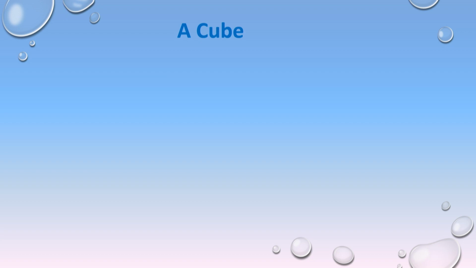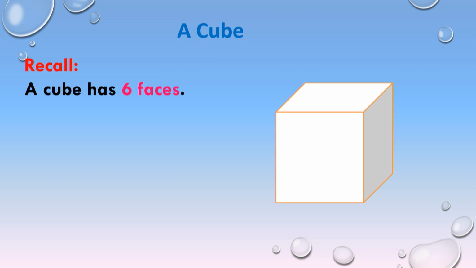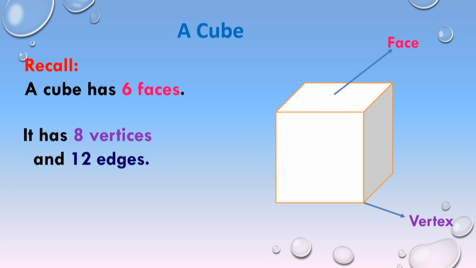Before we continue with the lesson on prism, let us have a quick recap on the other 3D shapes which we have already learned about. So a cube, you will remember that a cube has 6 faces. It has 8 vertices and 12 edges. So a flat surface is called a face, and a cube has 6 faces.